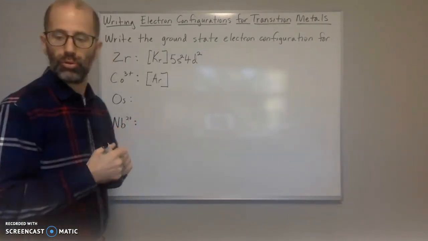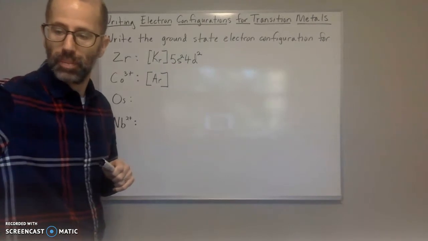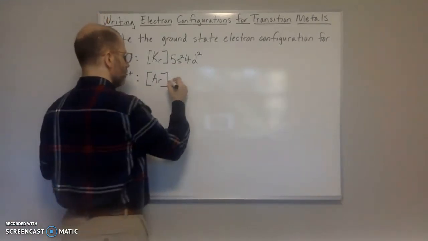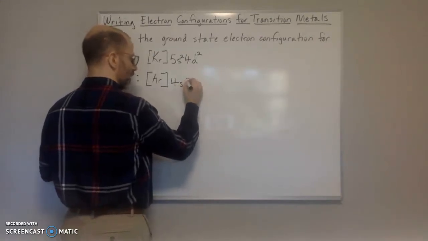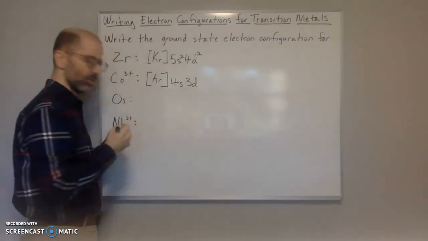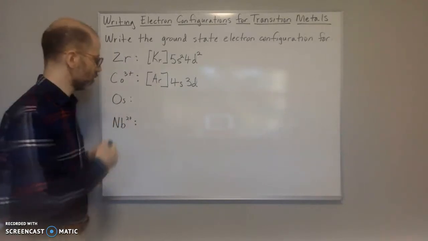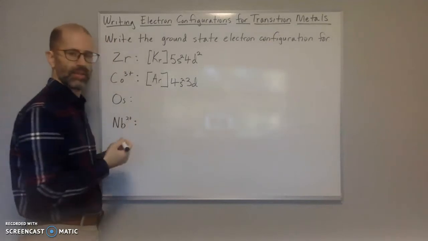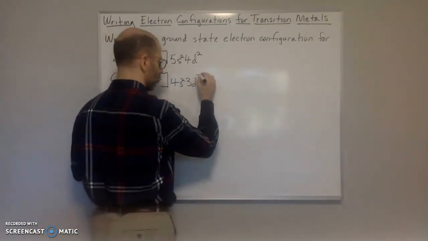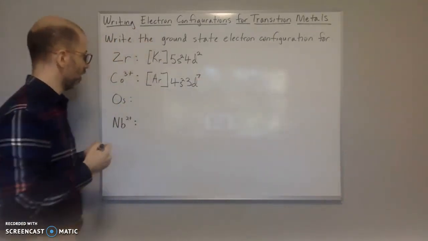Since it's in period 4, it's going to go through the 4S sublevel and the 3D sublevel. We've got 9 extra electrons, so we put the first 2 in the S sublevel, and then we have 7 left over, so we put that there as well.